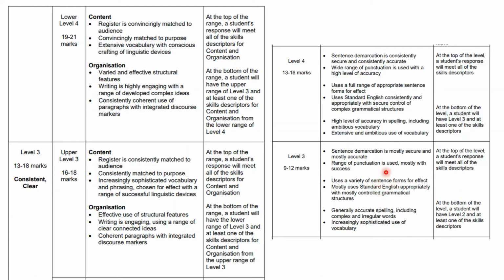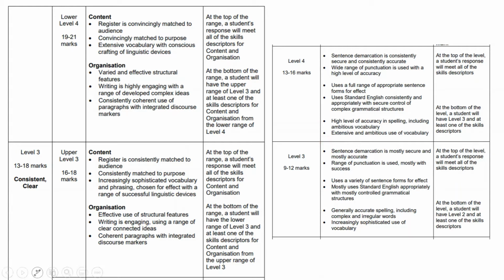Is there no slang? Then we have genuinely accurate spelling, including complex and irregular words, and then increasingly sophisticated use of vocabulary. And then again, when you go up to level 4, it's the same skills but more advanced. So, for example, increasingly sophisticated use of vocabulary becomes extensive and ambitious use of vocab.